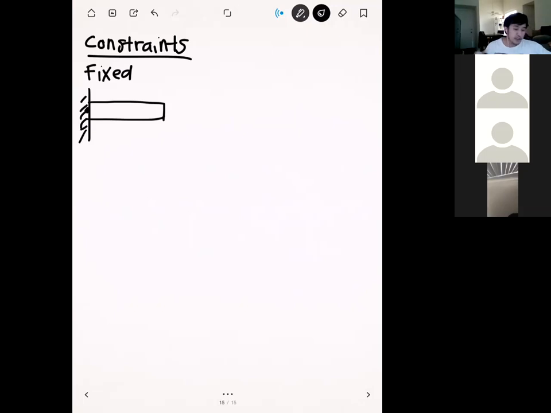So the fixed support is the strongest support that you can have. In these cases, u sub x is equal to 0, u sub y is equal to 0, and the rotation is also equal to 0. That's the new one.